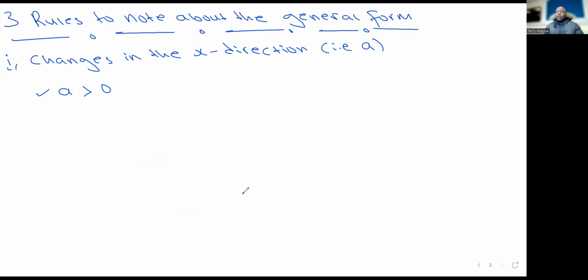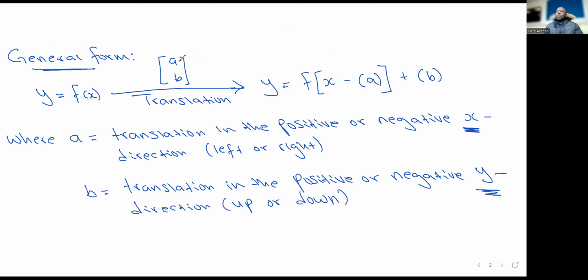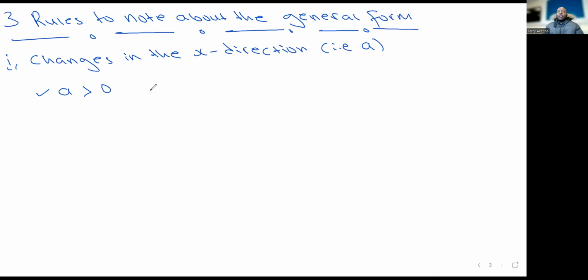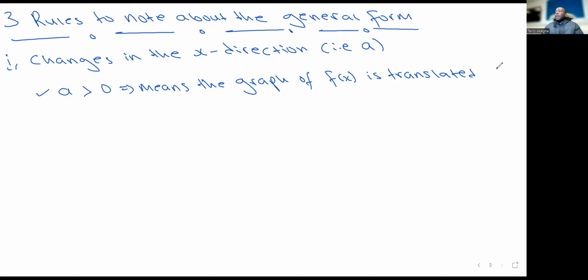A could be greater than 0. So that means the answer you could get here could be positive. All right. Now, when it's positive, what does that mean? It means that the graph of f of x is translated by a units in the positive.